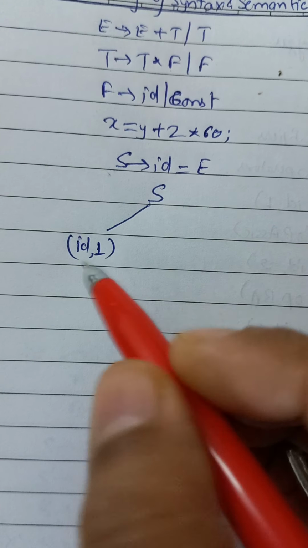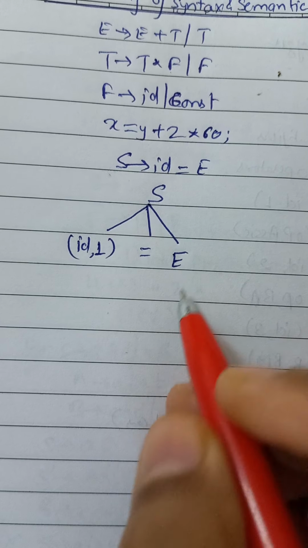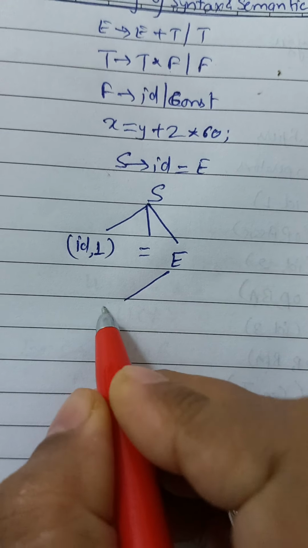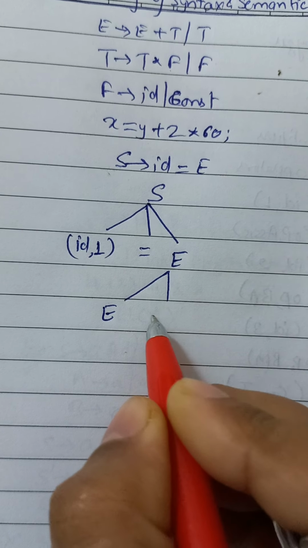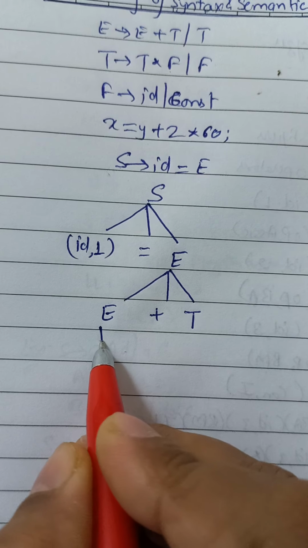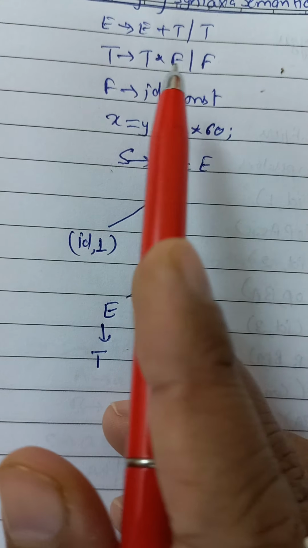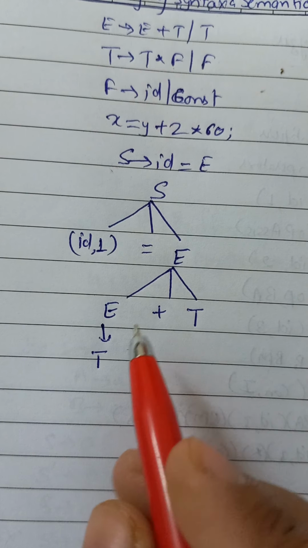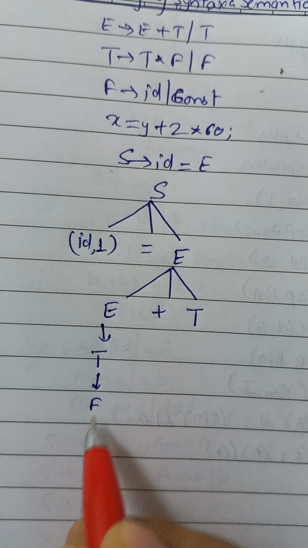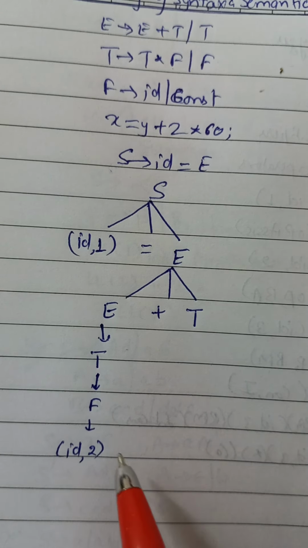So id1 = E, and E → E + T, and E → T. From this grammar, E → T, T → F, and F → id2, the second identifier.